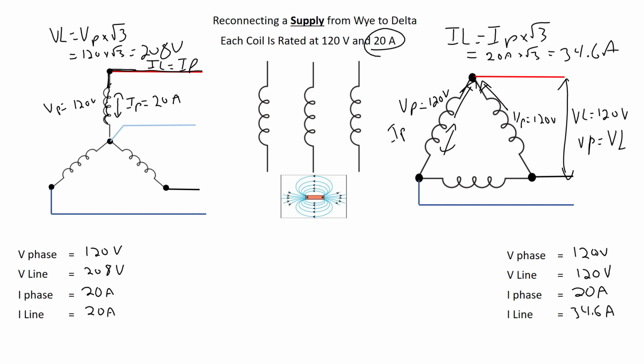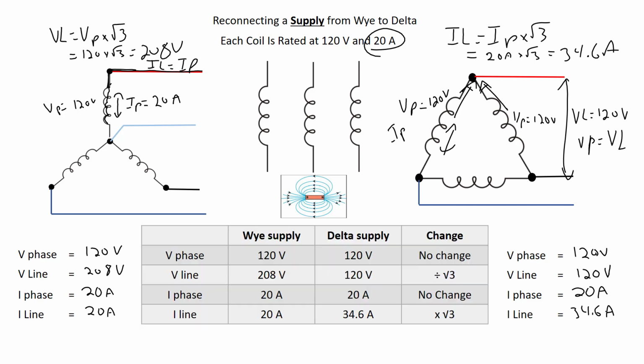Alright, let's make a chart and compare the values. So the phase voltage on the Y supply is 120, and it's the same on the delta. That's what's induced on it. So no real change at all in the phase voltage. The line voltage we see is root 3 higher than the phase, so that gives us 208 when we're looking at it in Y. Over in delta, V line and V phase are the same value.